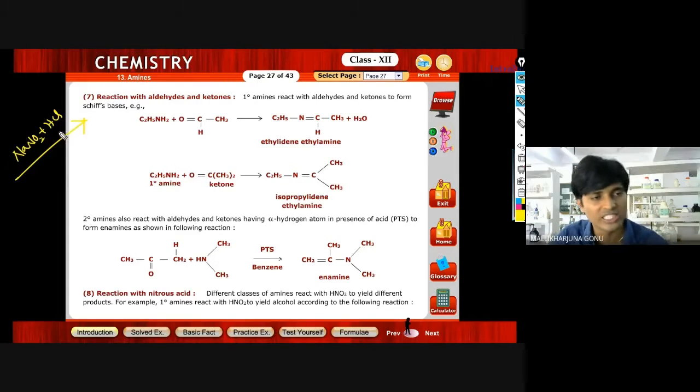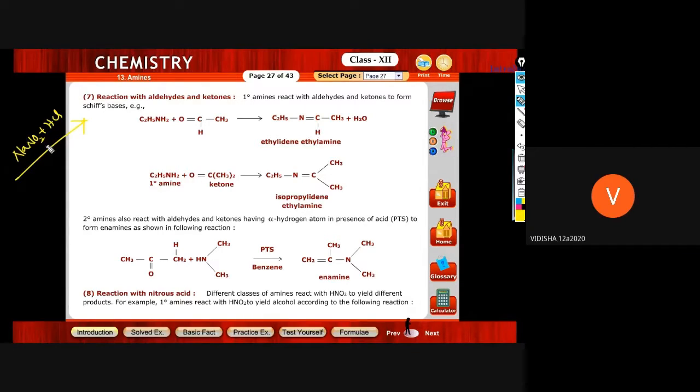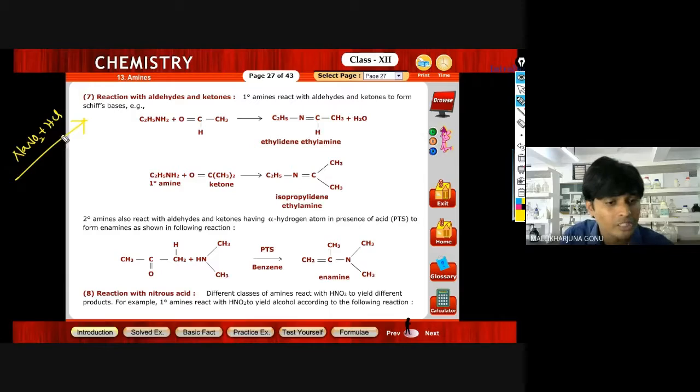Vidisha, to prepare which type of compounds have we used this one? Diazonium salts. So we have used it for diazonium salt preparation. So what are diazonium salts? When NH2 is there, to make N2 plus Cl minus.